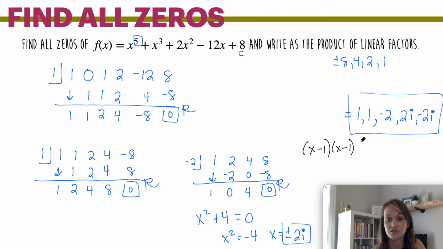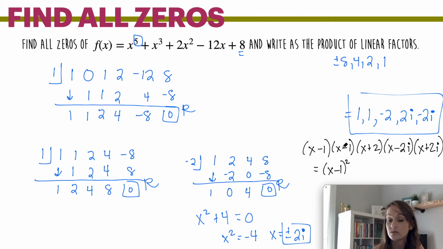If -2 was a 0, then x plus 2 was a factor. If 2i was a 0, then x minus 2i was a factor. And if -2i was a 0, then x plus 2i was a factor. Now you can write it like this, or you can write it like this, because 1 was a multiplicity of 2, and then you can rewrite the others.